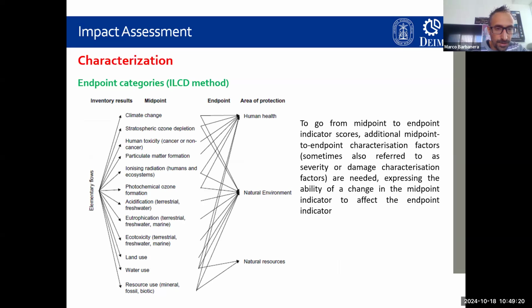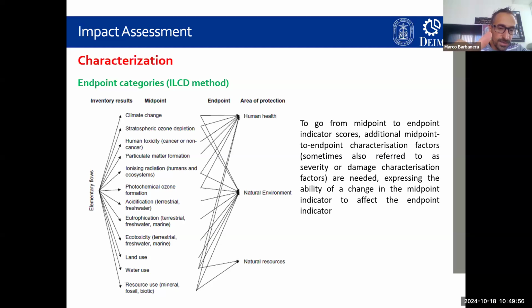For example, here you can see the intermediate step between midpoint and endpoint impact categories by applying a specific impact assessment method. This method is called ILCD. This is one of the most used impact assessment methods in the European context.